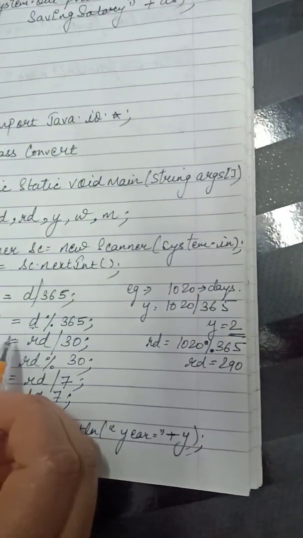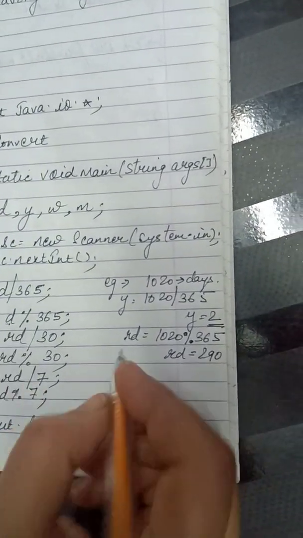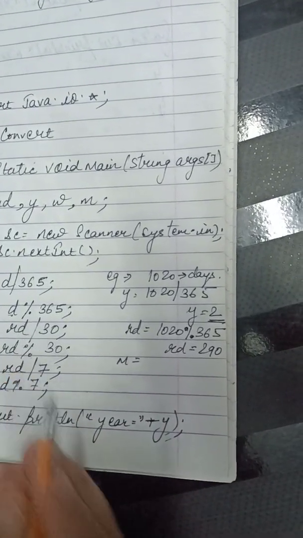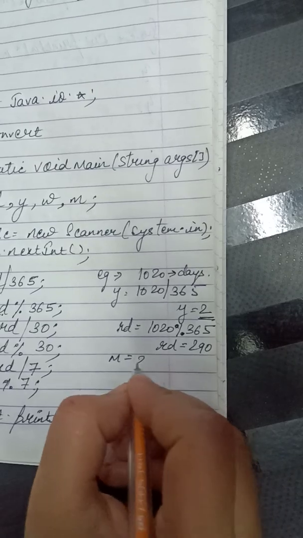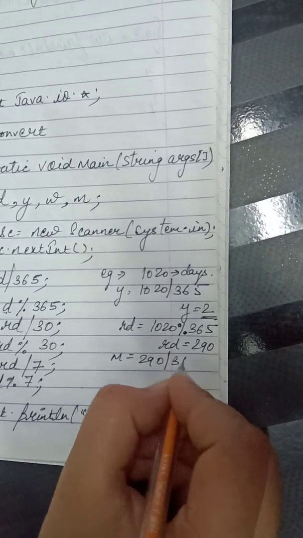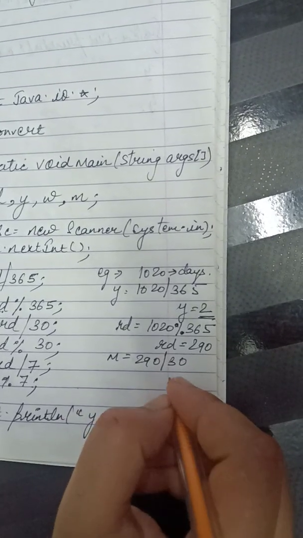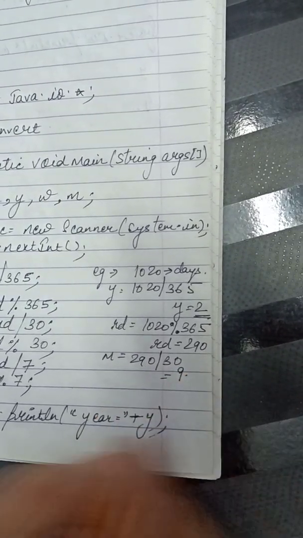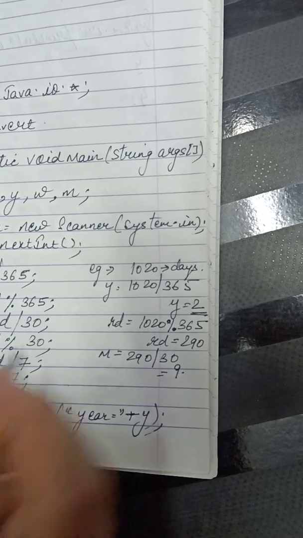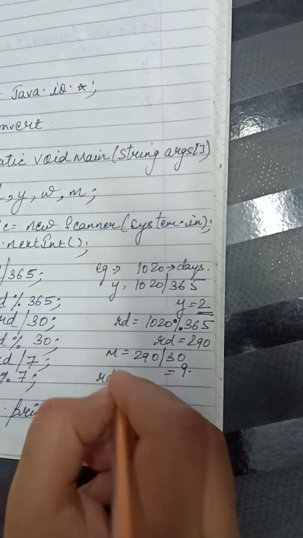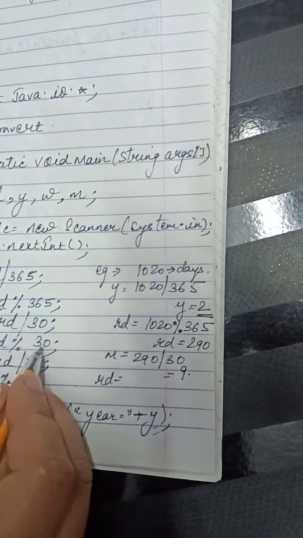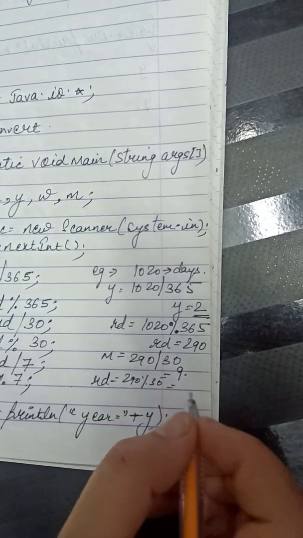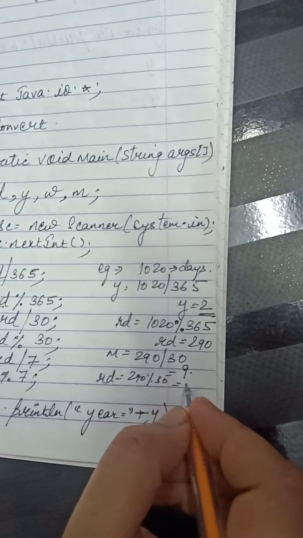Now after this, month is equal to RD / 30, RD is your 290 / 30. Here your quotient is 9. Months are 9 months. Now again, how you will calculate remaining days? RD modulo 30, RD is 290 modulo 30, it will come your 20 days.